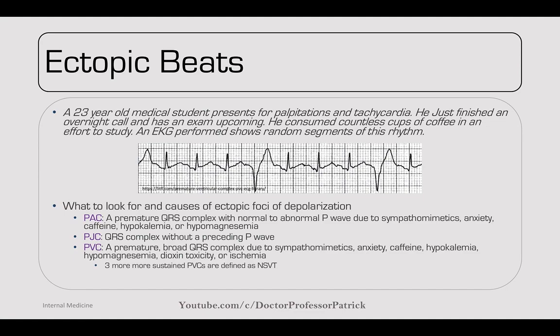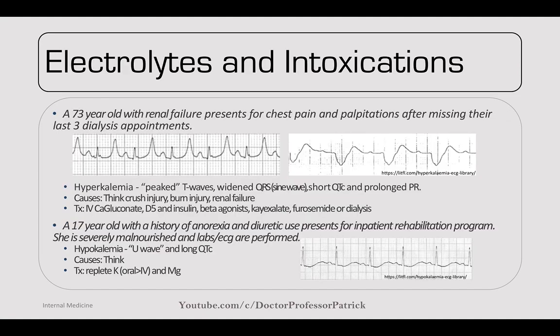And then PVCs, or ventricular contractions, are going to be broad-based QRS complexes, usually due to some sympathomimetics like anxiety, caffeine, hypokalemia, and hypomagnesemia. This is also a sign of digoxin toxicity, and it can be a sign of ischemia. If you've got 3 or more sustained PVCs, we would call that non-sustained VTAC.